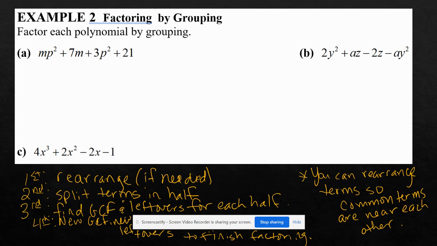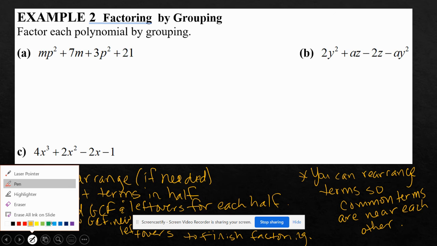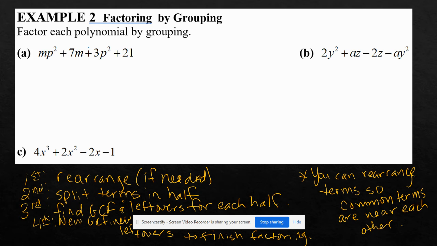So I'm looking at letter A, and I see that the first 2 have an m in common, but the last 2 have nothing. Well, they have a 3. So we could rearrange these for the p squares to get put together, or we can just leave it alone, as long as each set that's sitting next to each other has something in common, and they do.